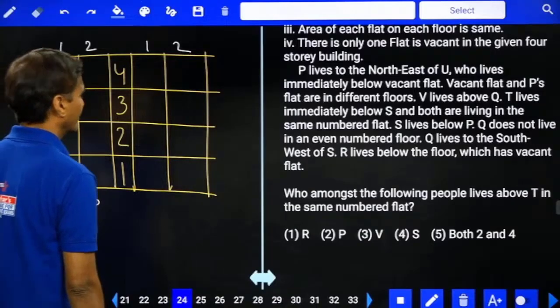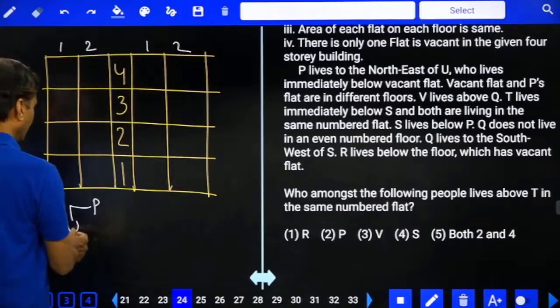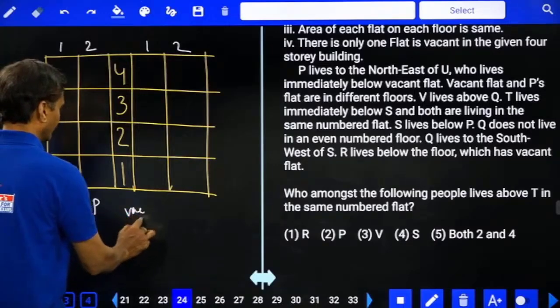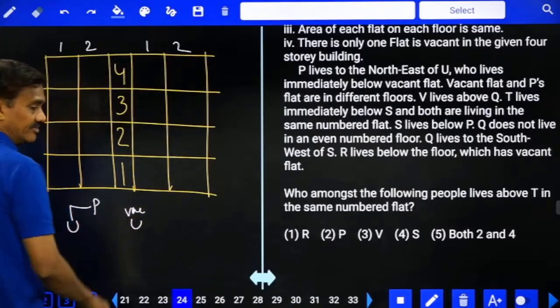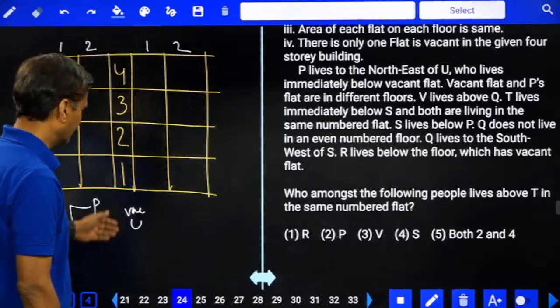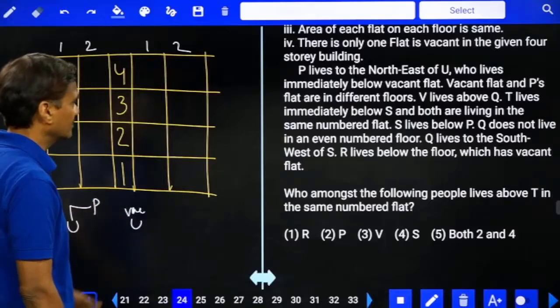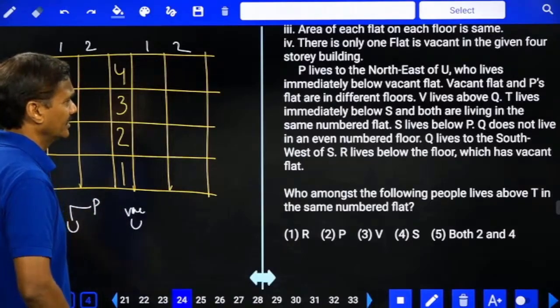U lives immediately below the vacant flat. Now U is immediately below this vacant flat. Now the vacant flat and U must be on immediate floors. But whether U and the vacant flat are in the same flat or not is not given. Clear? The vacant flat and P's flat are on different floors.